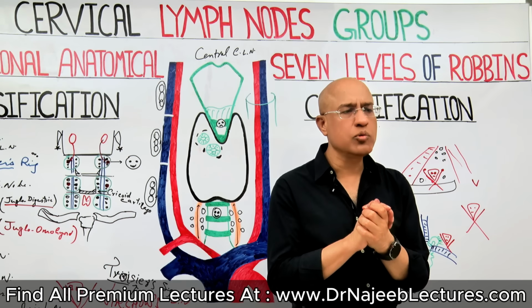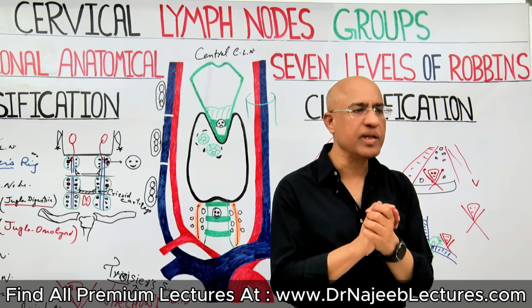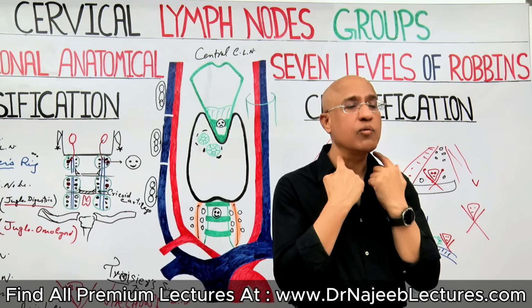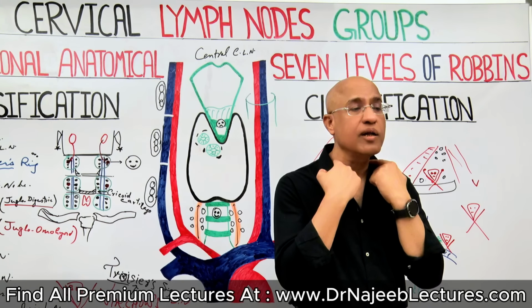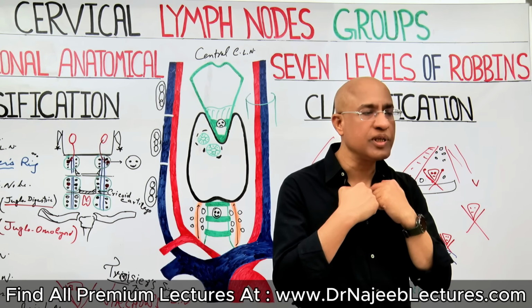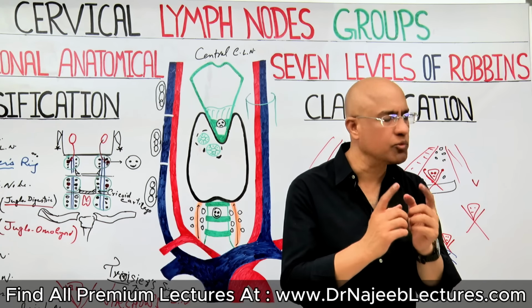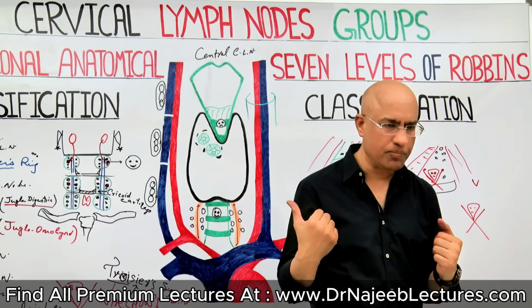I will not go into all their drainage area, but I must mention that many cancers of the neck, especially lymphomas, or even thyroid cancer, can drain into superior mediastinal lymph nodes. That was the last group, right?